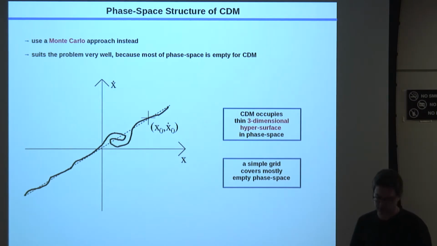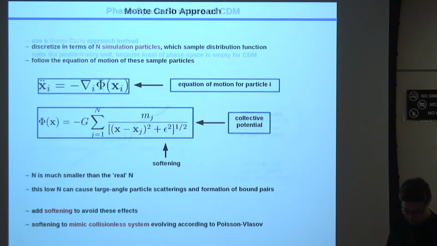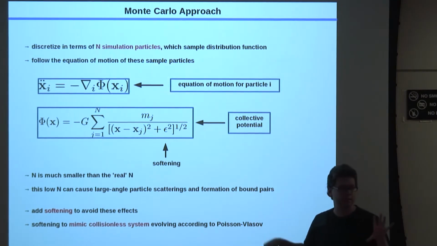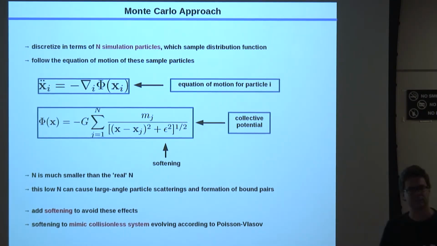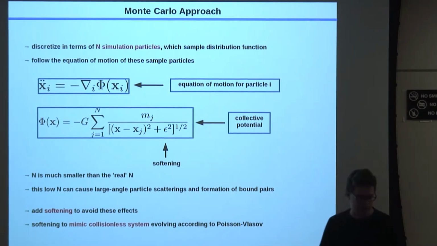Okay, good. So that is the picture for CDM, and we want to solve CDM. So what we do now is we introduce these simulation particles, which are these heavy macroscopic dark matter particles, much more heavy than the actual neutralino, so typically of the order of 10 to the 4, 10 to the 3, or 10 to the 5 solar masses.